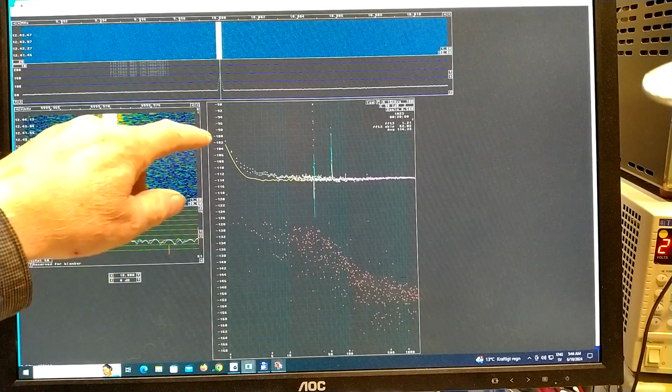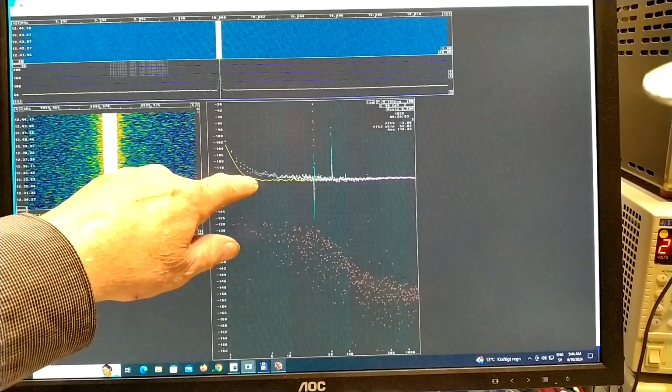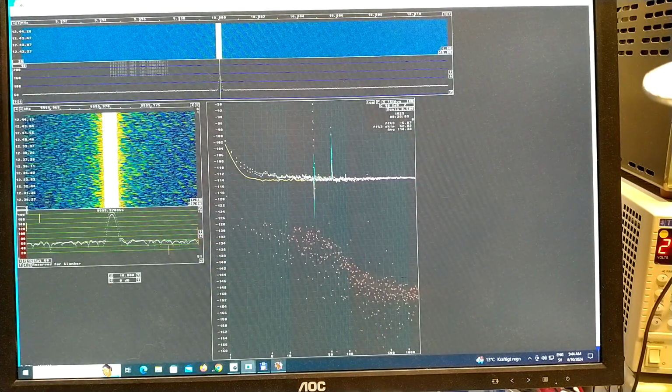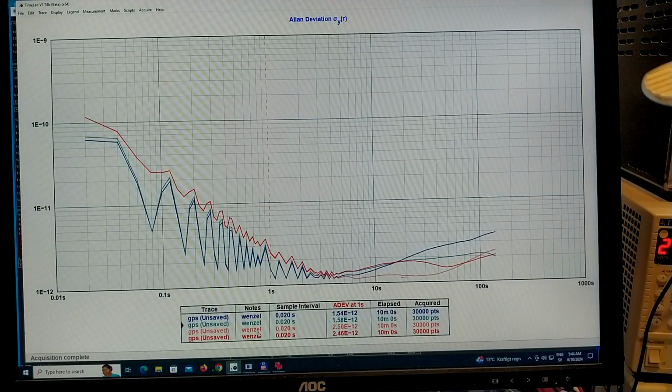And now it is unchanged below about 3 Hertz. And then it stays at about minus 114. This is what happens in the Allan deviation curve. The 2 red traces are with the noise added.